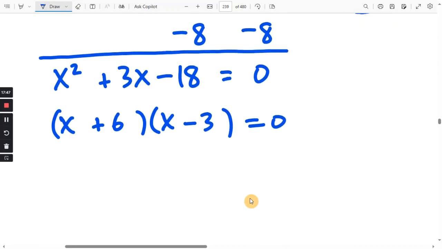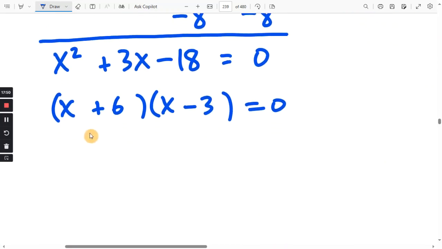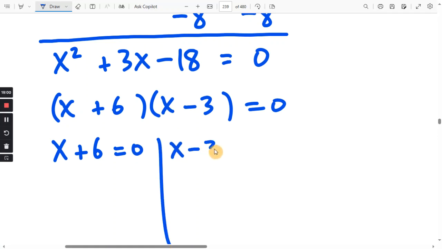Like we said a few minutes ago, either of these can equal 0. So x plus 6 equals 0, and x minus 3 equals 0. Minus 6 on both sides will give us x equals negative 6. Plus 3 on both sides will give us x equals positive 3.